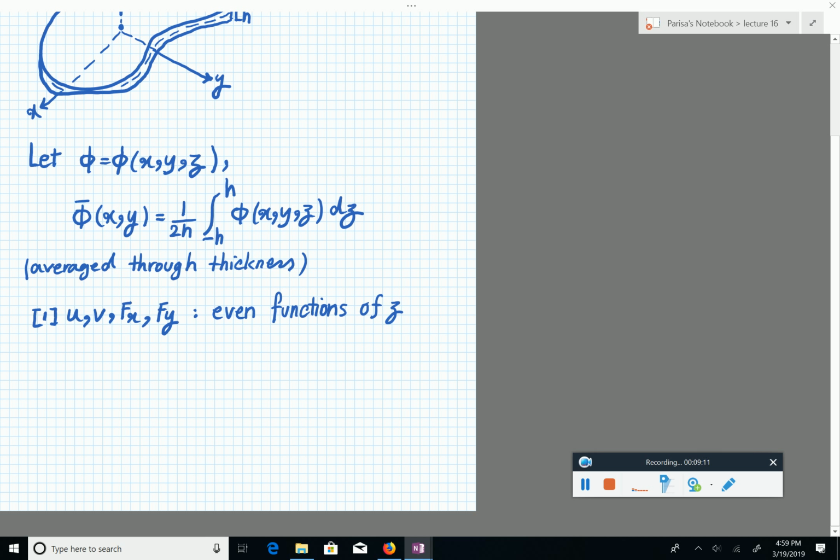Even is another way of saying they are symmetric through the thickness. At the same time, you assume that w and fz are odd functions of z.